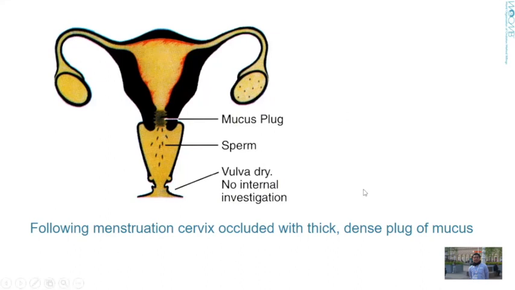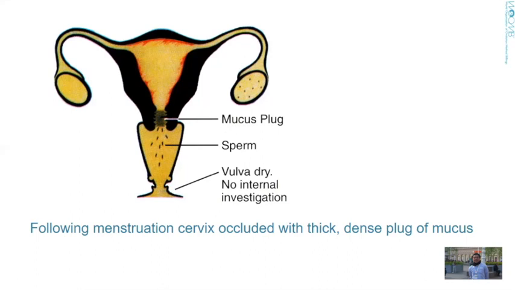Looking at the slide, it says, following menstruation, cervix occluded with thick, dense plug of mucus, and that mucus plug is impenetrable, and the sensation of the vulva is dry.